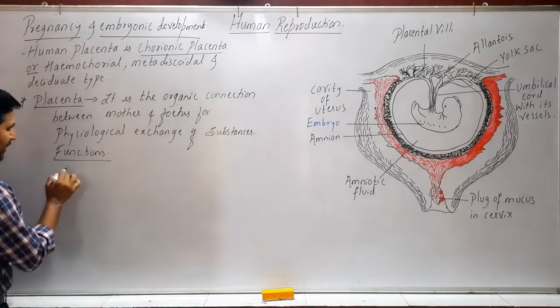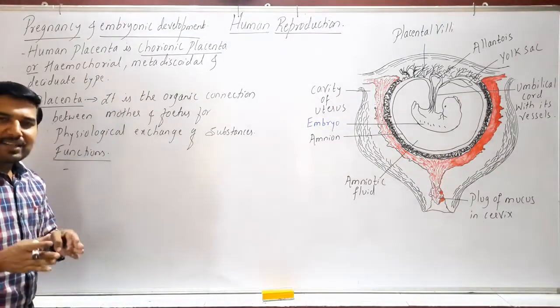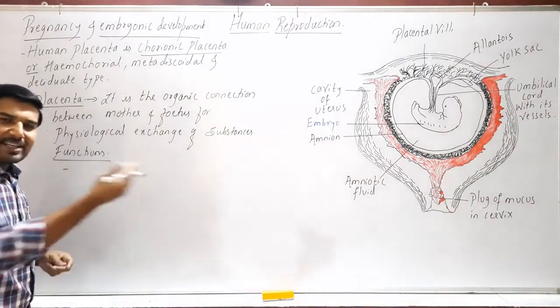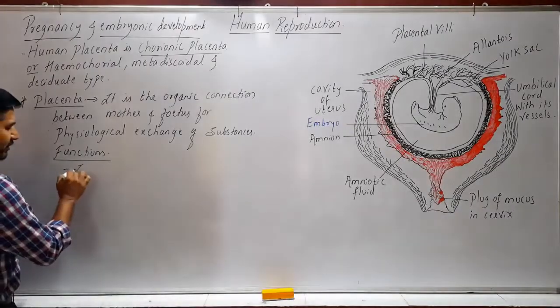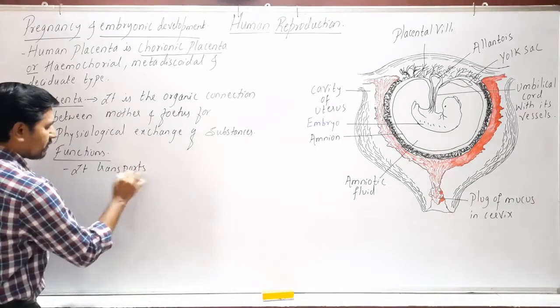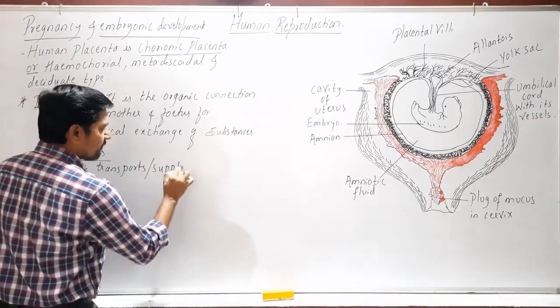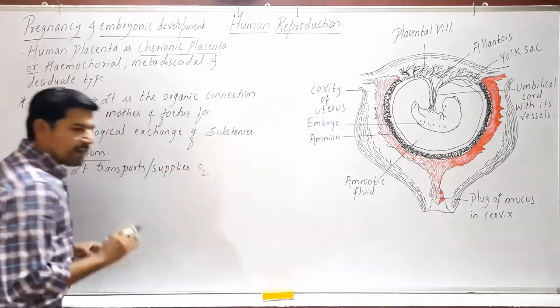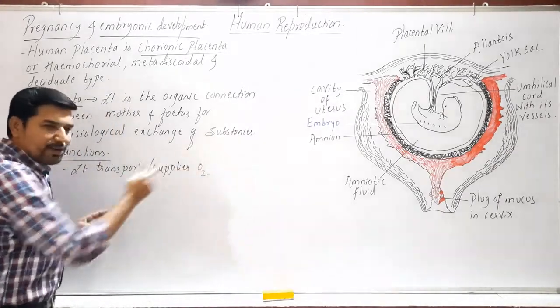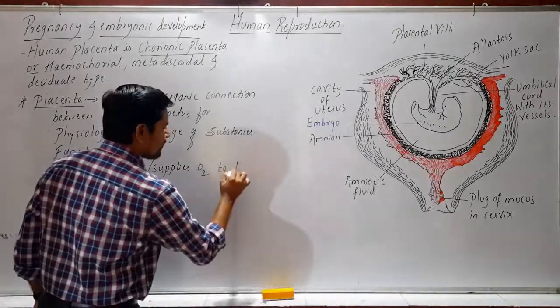The major functions are, first, the placenta acts like an organ that helps in transport of oxygen. So it supplies oxygen to the fetus.